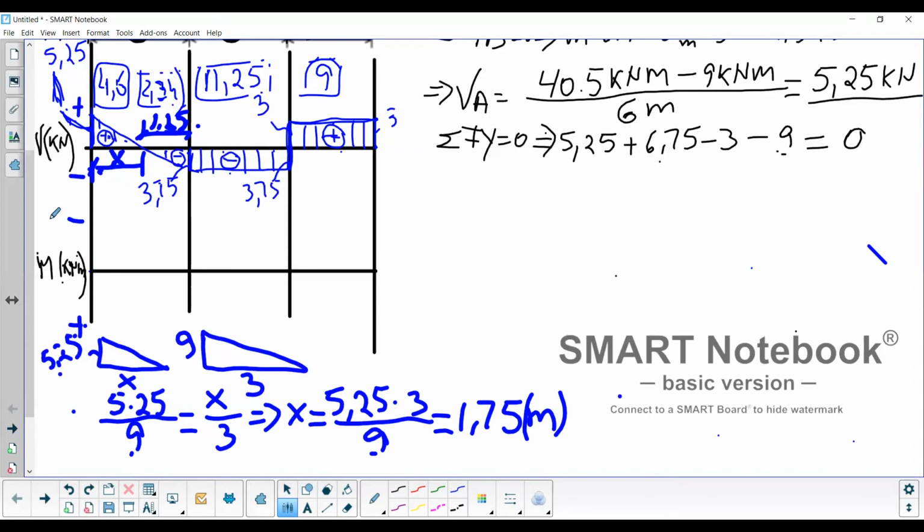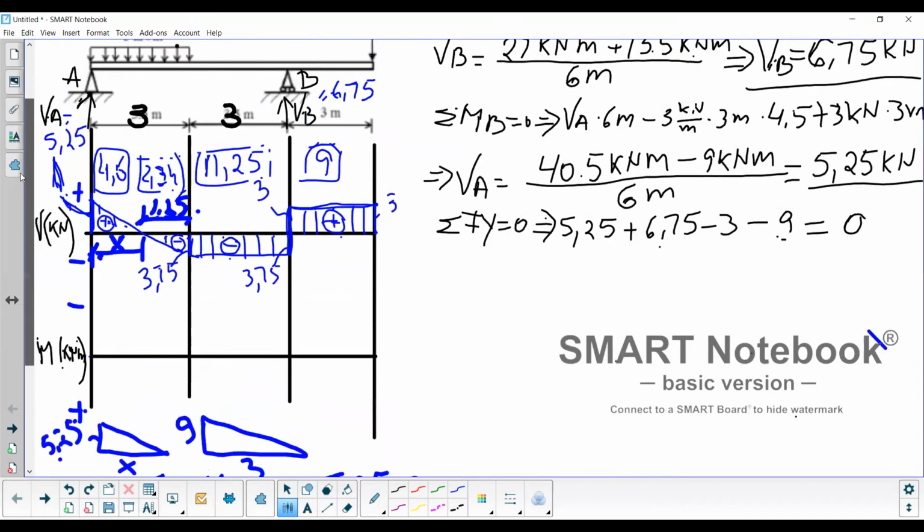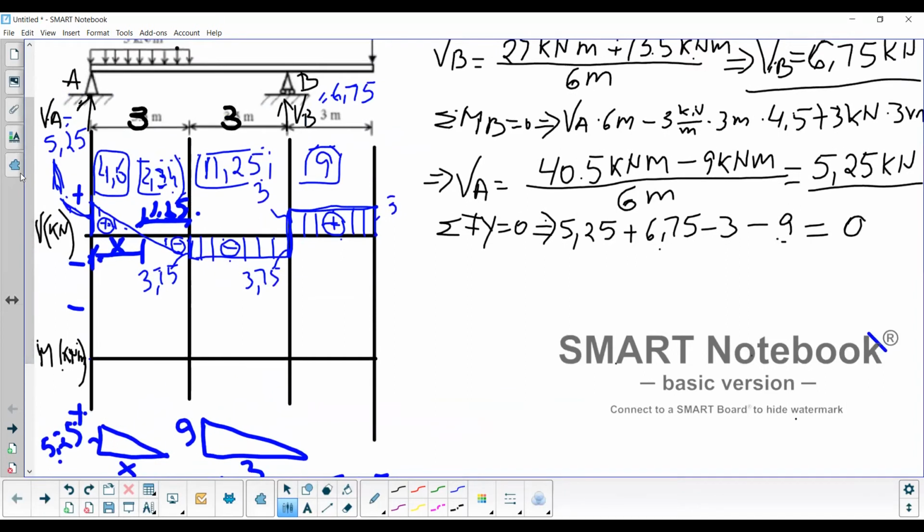So I'll go up a little bit so we can see. Starting at 0, we look at the shear diagram here. It's positive. That means we're going to go on the positive side of the moment here. And also, what I forgot to tell you guys is that at this spot where this diagram intersects this horizontal line, we're going to have to draw another straight line down.